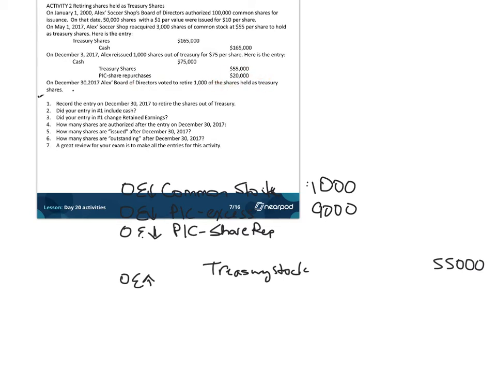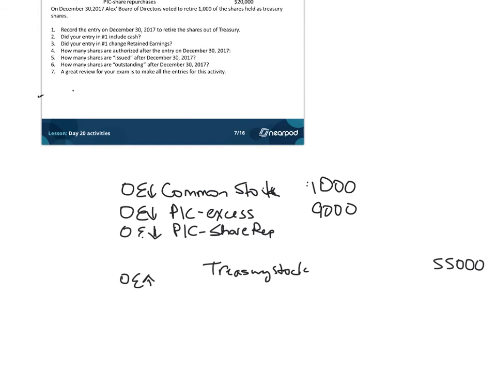So that is the balance that's in that account. So that's all I could use here for my debit for paid in capital share repurchase. So there's my 20,000.